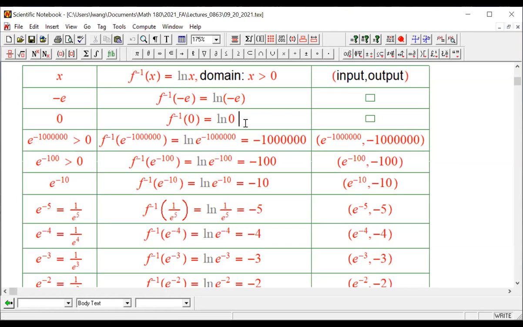It's not possible. That's right. It's undefined. Just like for log base 2 of 0, there's no answer. So for this input, there's no output. And the definition of function says for each input, you have to have a unique output for that input to be qualified to be in the domain. Do you guys hear that? I've said this many times, right?